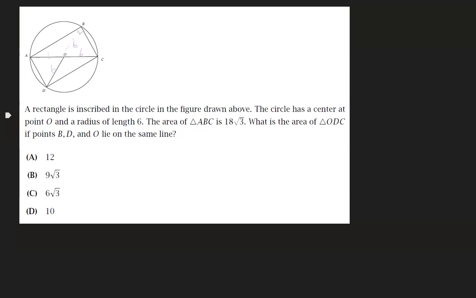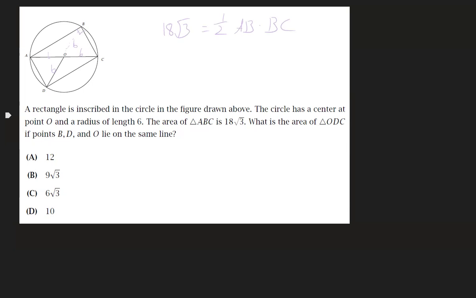Triangle ABC. They tell us that the area of ABC is 18 root 3, sorry. 18 root 3 is half the base, which is AB, times the height, which is BC. Okay, we need to write that.